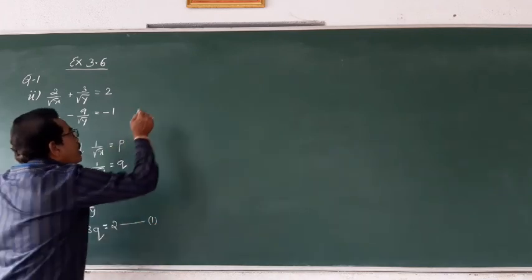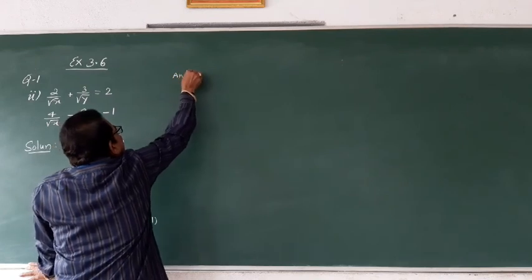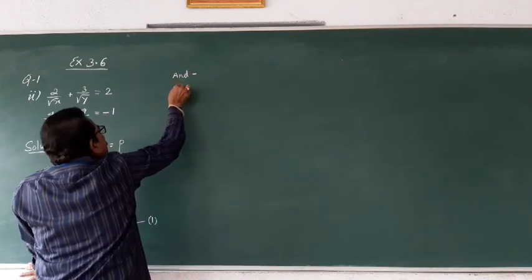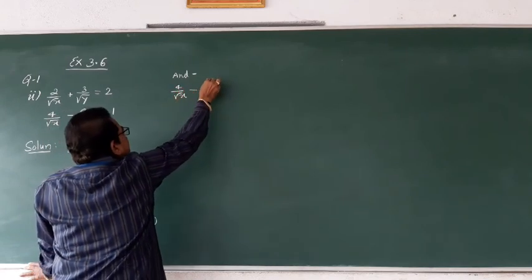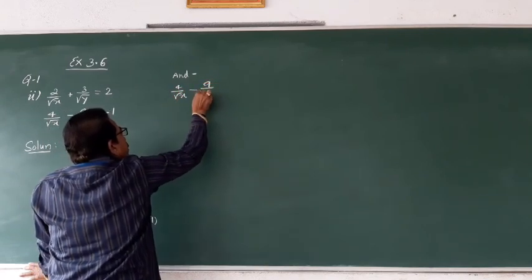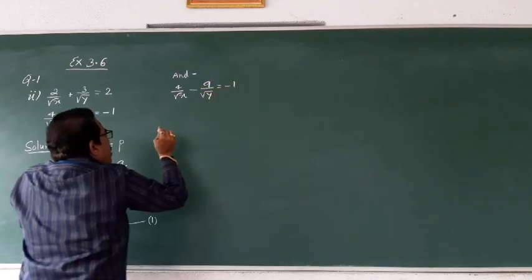Now, 4 by root x minus 9 by root y equals to minus 1.